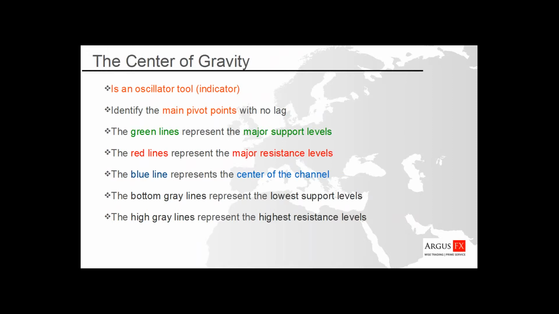The green lines represent major support levels. The red lines represent major resistance levels. The blue line is the center of this channel. And we also have the bottom gray lines, which represent the lowest support levels, and the high gray lines, which represent the highest resistance levels.